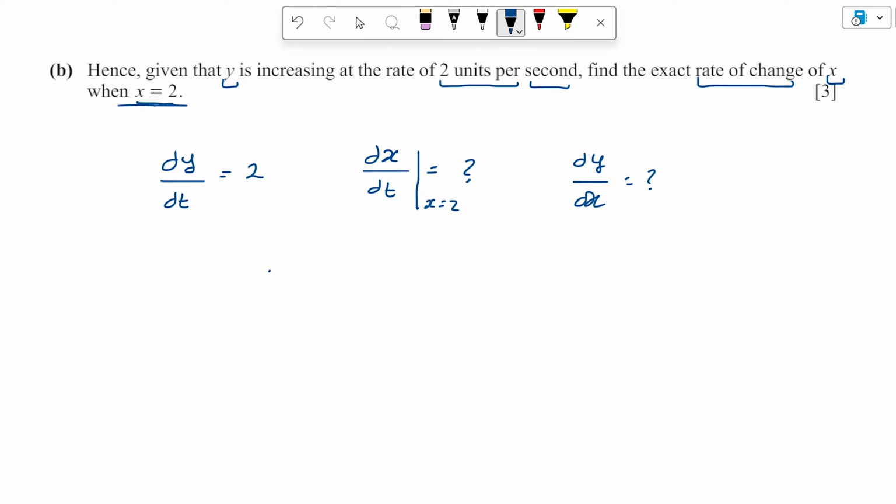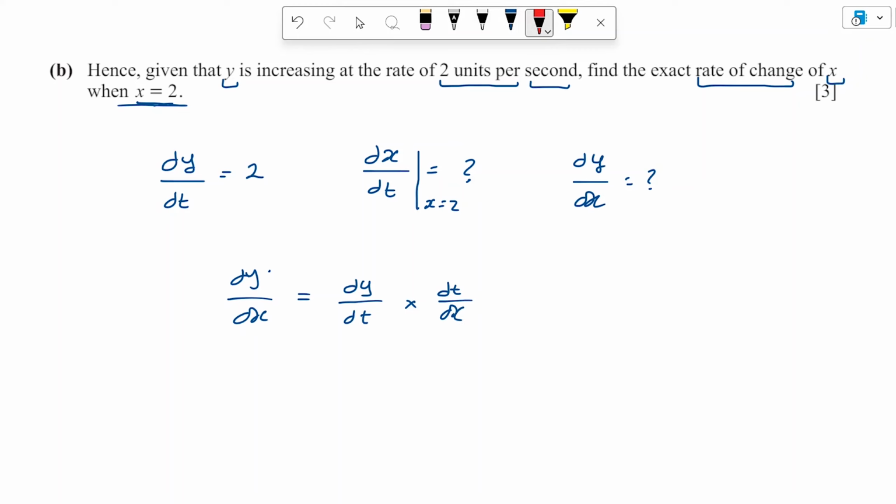Let's write our chain rule equation. dy over dx is equal to dy over dt times dt over dx.